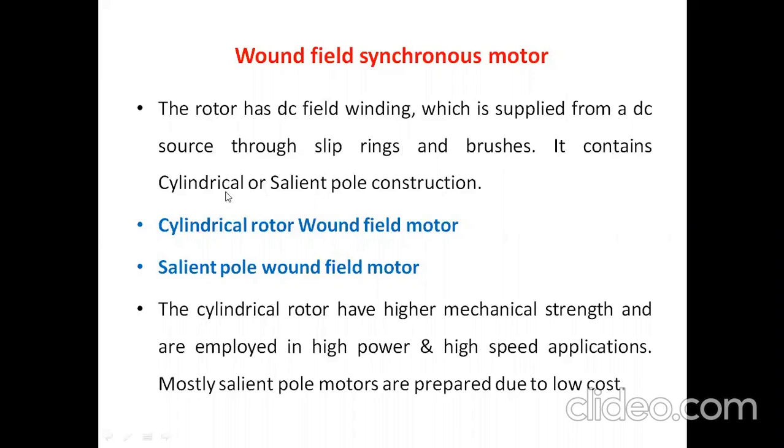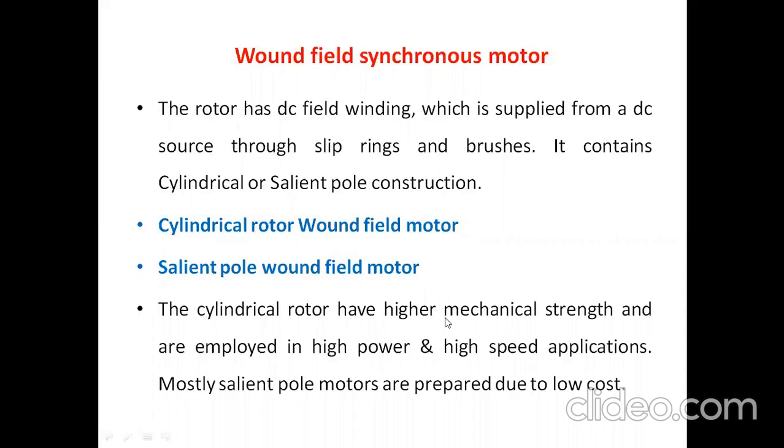The rotor construction may be cylindrical type or salient pole type, so based upon that we have two types under the wound field synchronous motor: the cylindrical rotor wound field motor and the salient pole wound field motor. The cylindrical rotor is otherwise called the non-salient pole wound field motor.